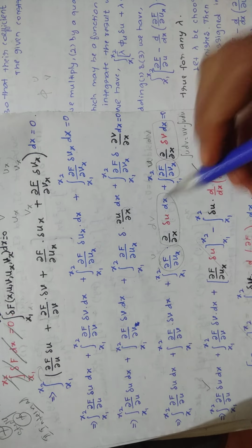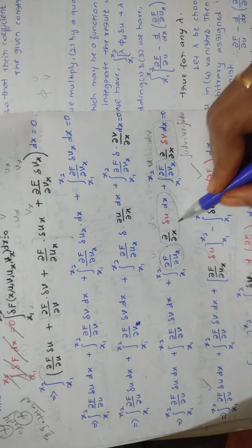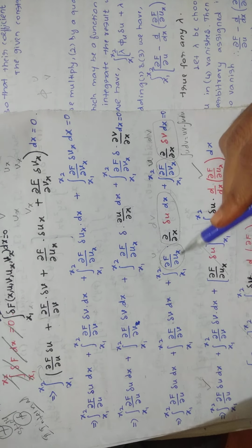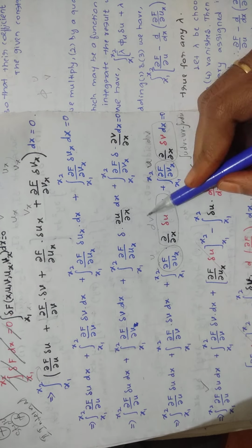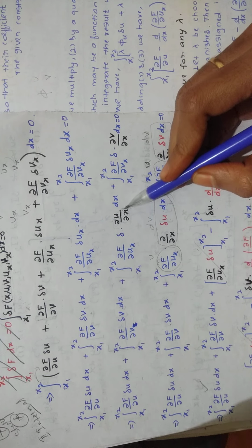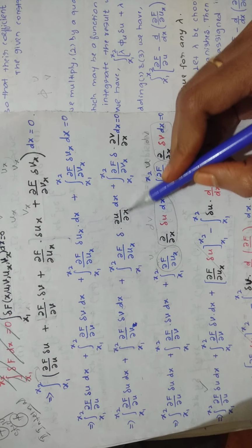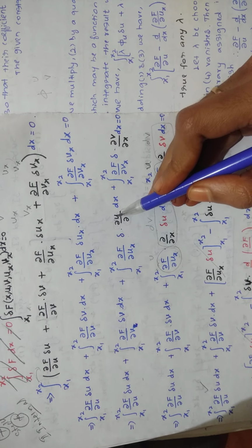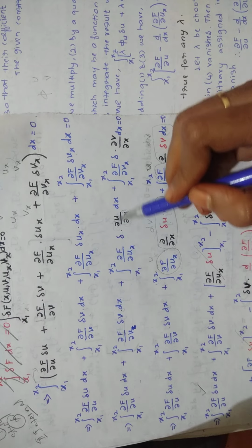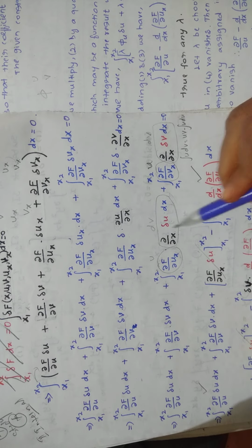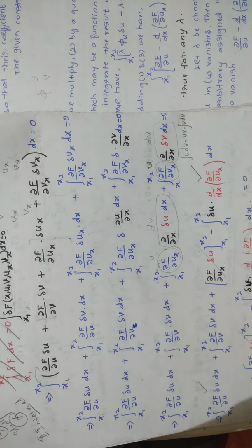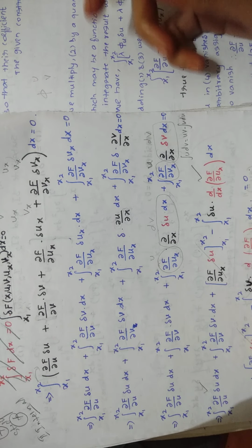That is what you are doing. Just look at this step. Write everything as it is, and here you are splitting dou by dou x from this u, and pairing delta and u. So look at this, you will get this. The same difference you are making here also.